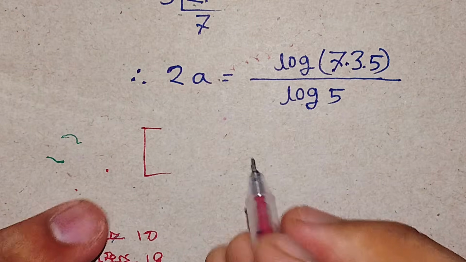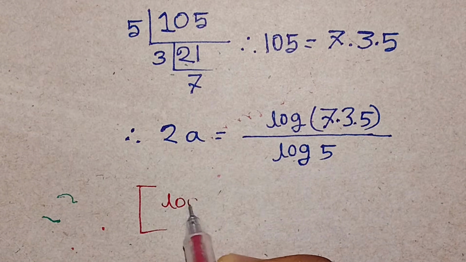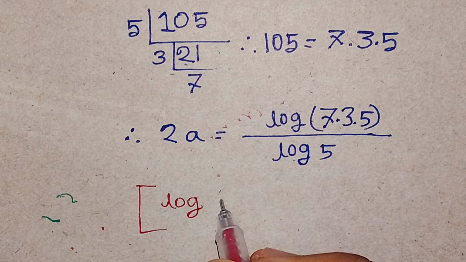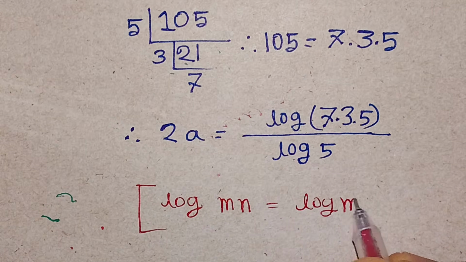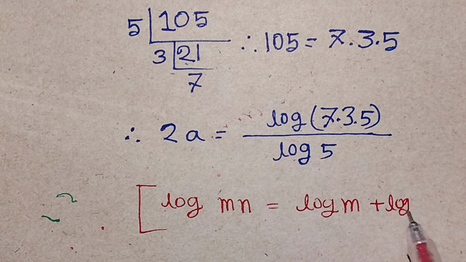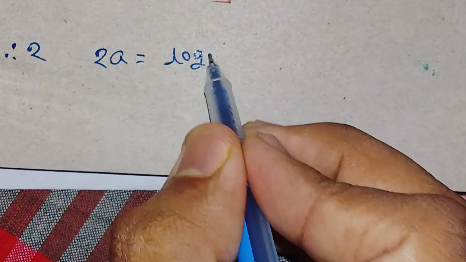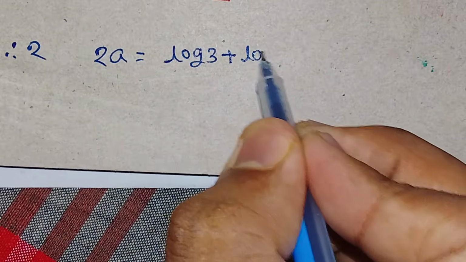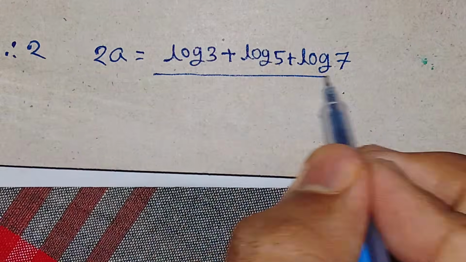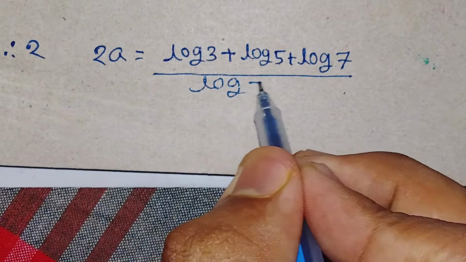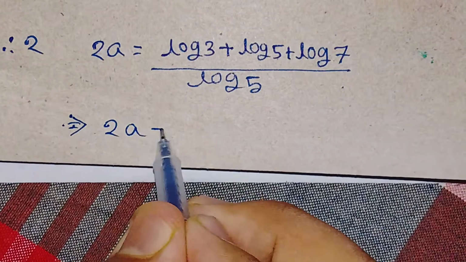Now if you look carefully, we use the logarithm formula log mn is equal to log m plus log n. Applying this formula, we'll get 2a is equal to log 3 plus log 5 plus log 7, all divided by log 5.